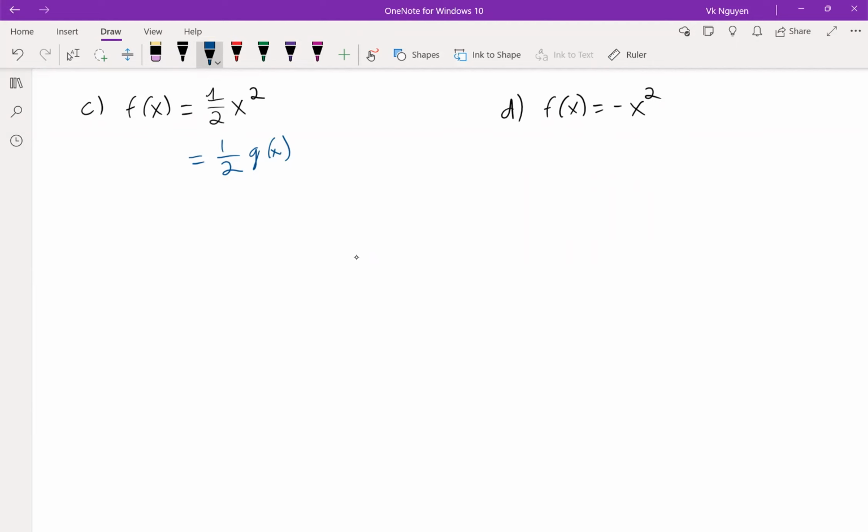So we have smaller output. Smaller output tells us that the slope is flatter. Flatter slope. We call this kind of transformation a vertical shrink.